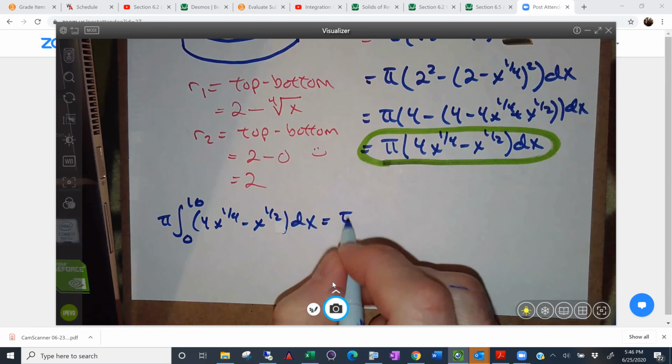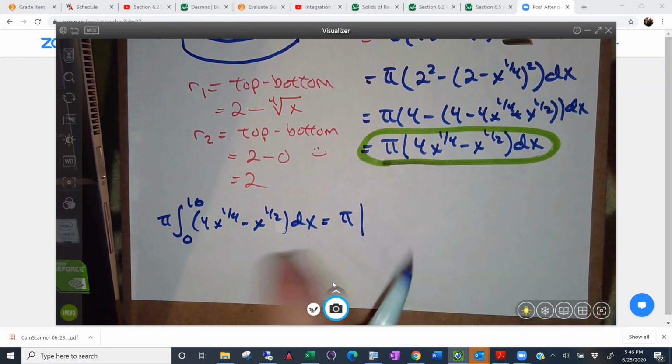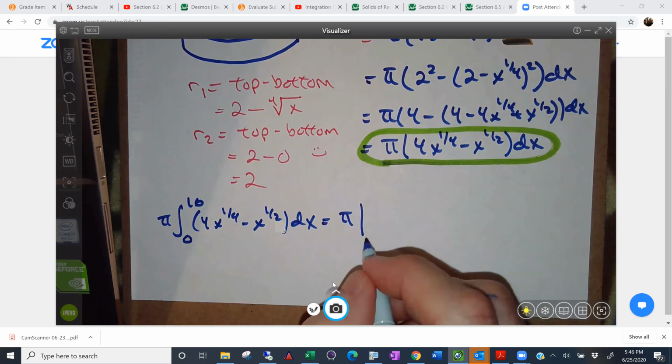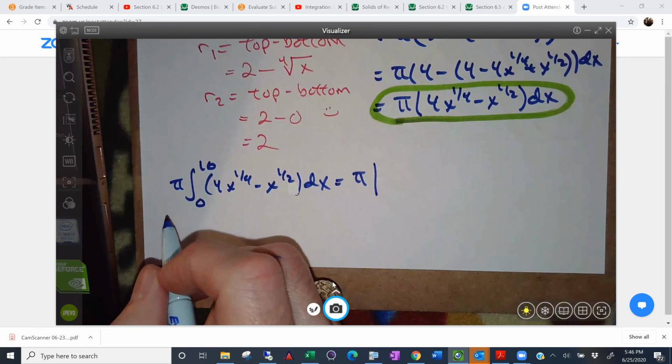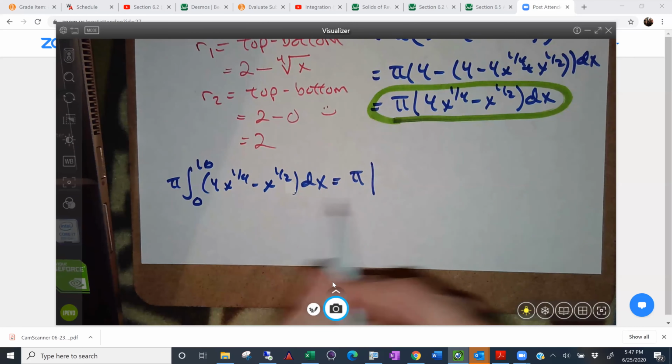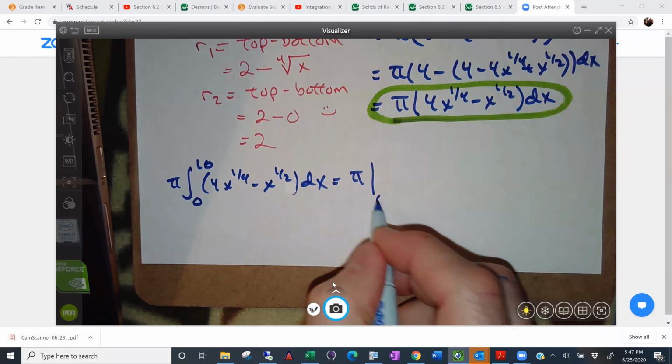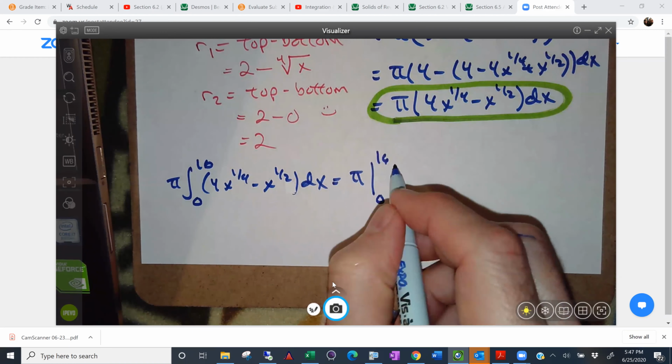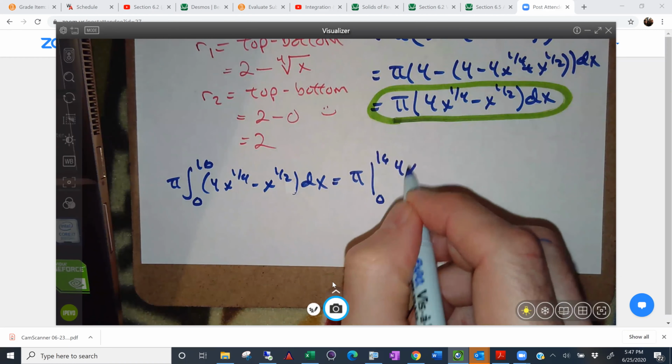So I'd want to see, for instance, the antiderivative. One thing is a little bit annoying, almost to the point that I want to take off a point. When you find the antiderivative, replace that with a straight bar. You don't want to write an integral symbol there. So 0 to 16 of 4x.